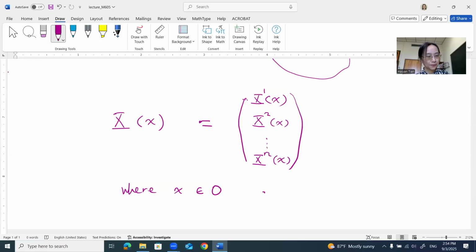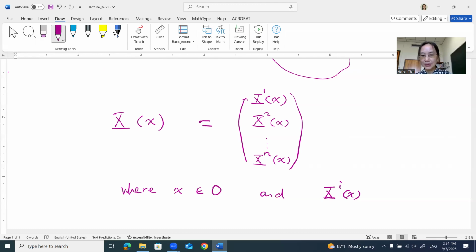And the capital X is the image of x. However, this image has n components. So Xi is the ith component of the image.